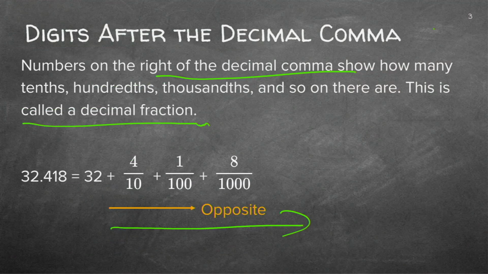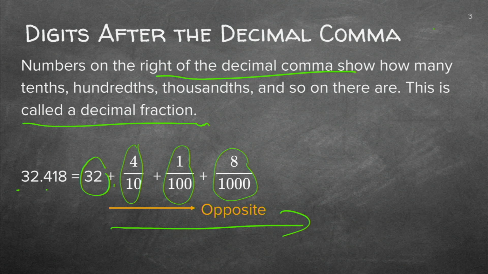Okay, so if you look at 32.418, 32, and there's our decimal comma. So the first digit, the 4, will indicate 4 tenths. The second, the 1, will indicate 1 hundredth, and the 8 will indicate 8 thousandths.